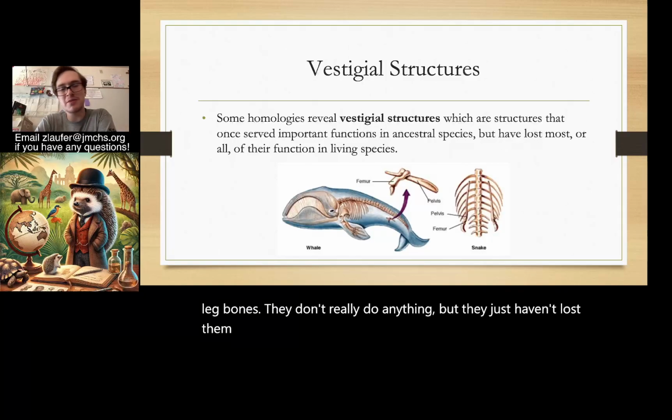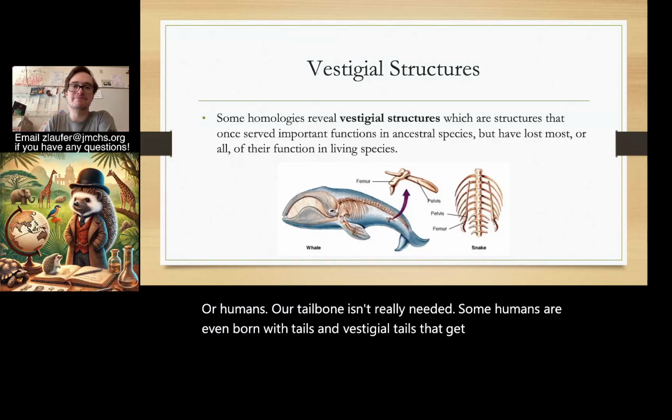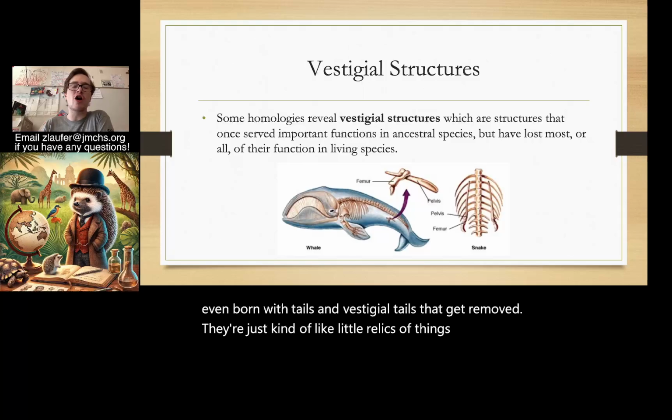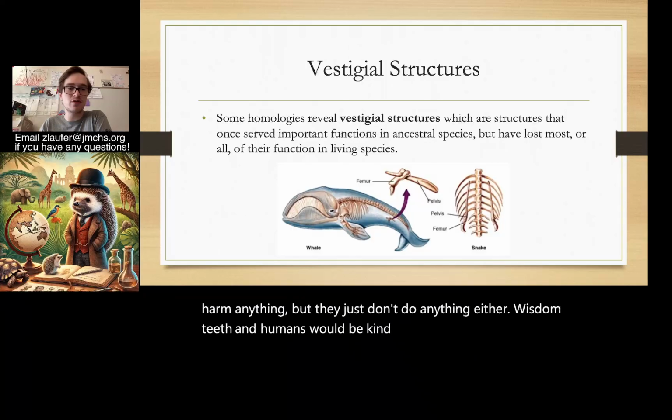They may lose them, they may not, doesn't really matter. Humans, our tailbone isn't really needed. Some humans are even born with tails and vestigial tails that get removed. They're just kind of like little relics of things that don't really harm anything, but they just don't do anything either. Wisdom teeth in humans would be another example.